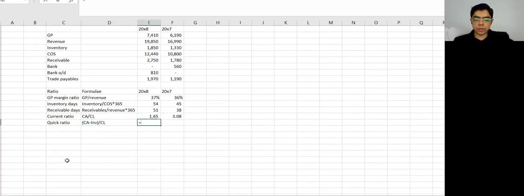So you add your current assets and just exclude inventory. Practically you just include receivable and bank. You won't include inventory in this case, and you would divide it by your current liabilities, which are bank overdraft plus trade payables, and you determine your quick ratio.